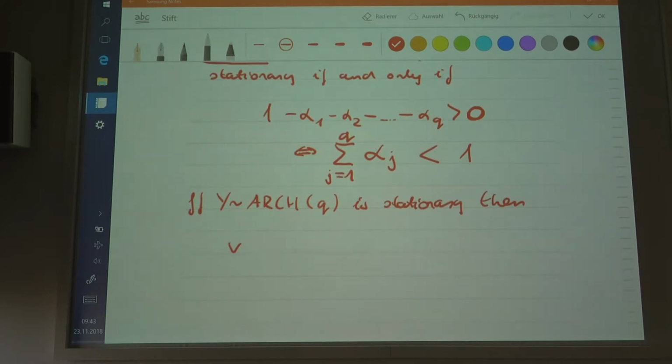If the process is stationary, then you sum up the autocovariances, and the variance of the process is equal to alpha 0 divided by 1 minus the total sum of the coefficients, starting at 1, not at 0. I don't have much space, so I'll try to do it again.